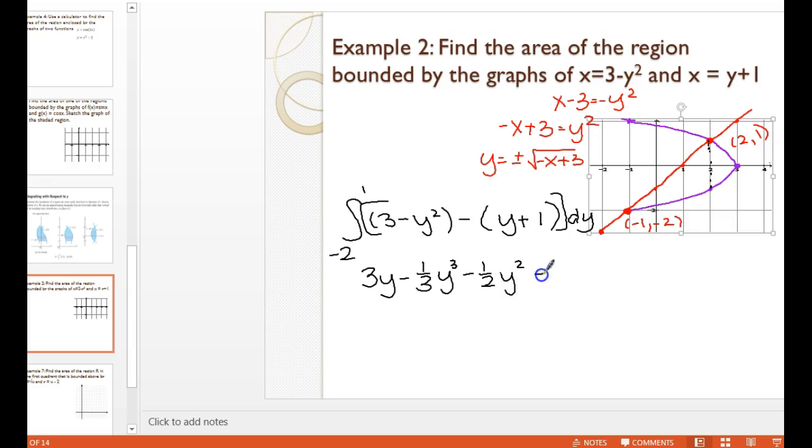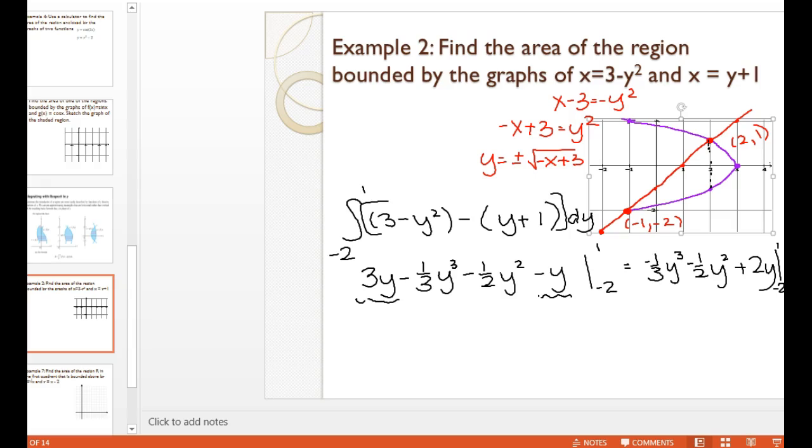We're going to distribute the negative. You can combine like terms, if you would like, before plugging in. So we could actually say that this is -1/3 y cubed minus 1/2 y squared plus 2y from -2 to 1. And you could have actually combined your like terms before you integrated as well.